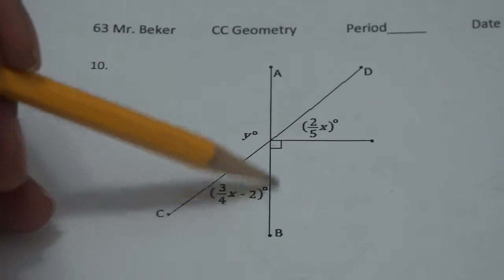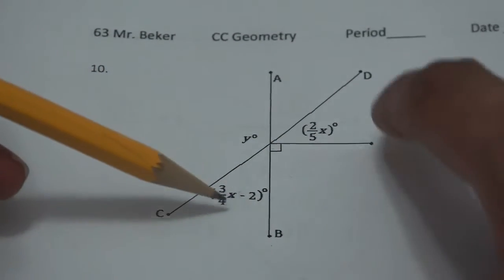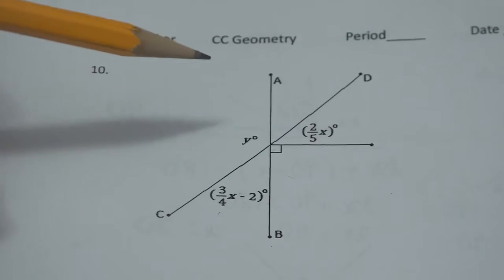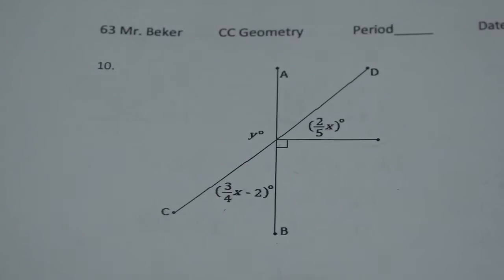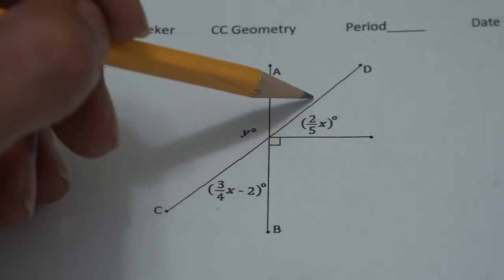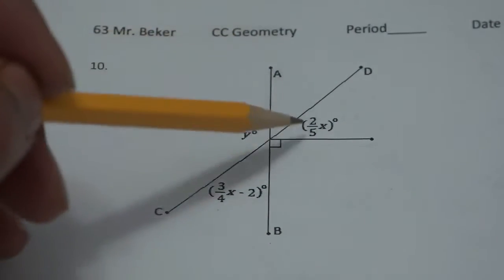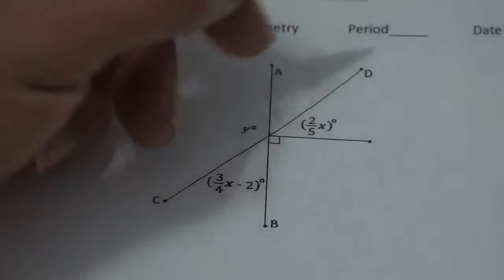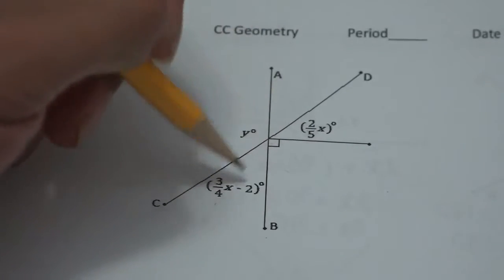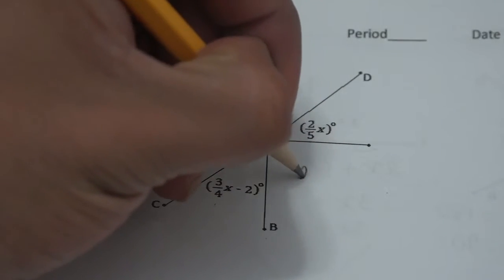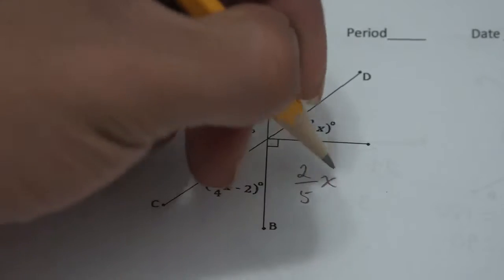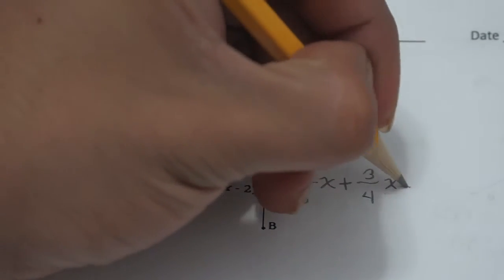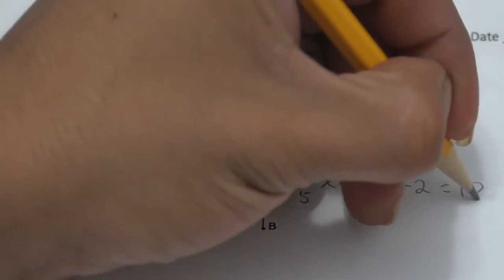Or since I already know that this is 90, then I know that the sum of these two angles is also 90. Okay? So that's exactly what I'm gonna do. I'm not gonna go with the full 180. I'm just gonna go with this and this being 90. So let's see now. This plus this equals 90. So 2 over 5x plus 3 over 4x minus 2 equals 90 degrees.